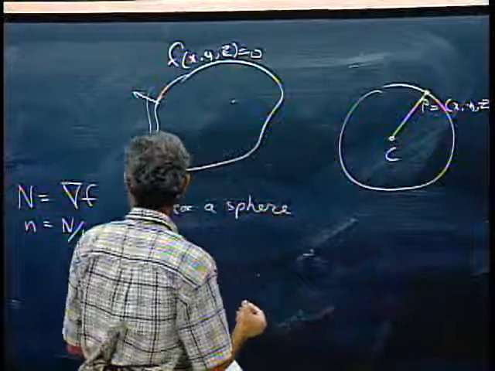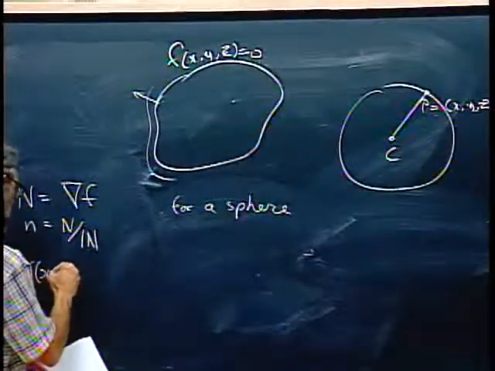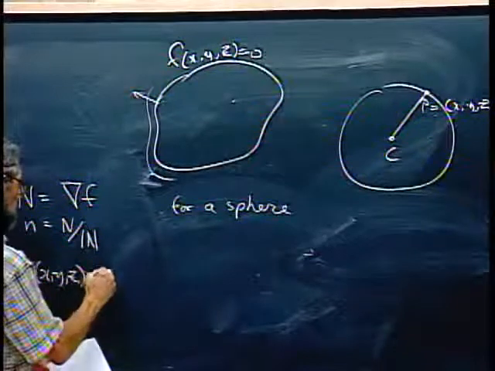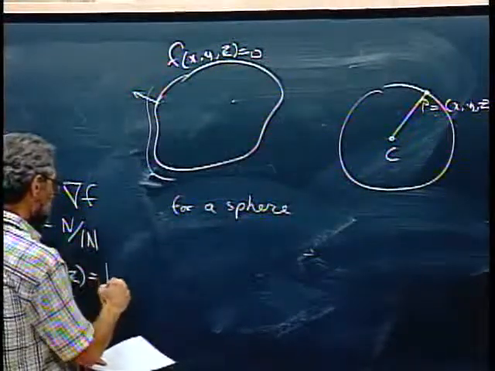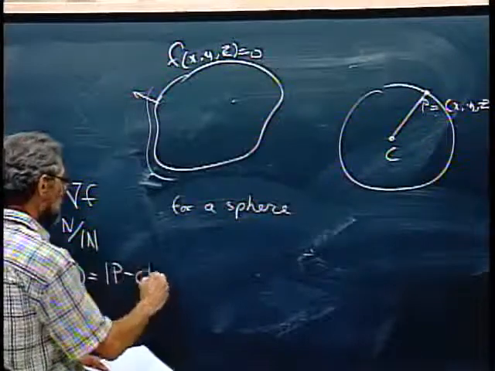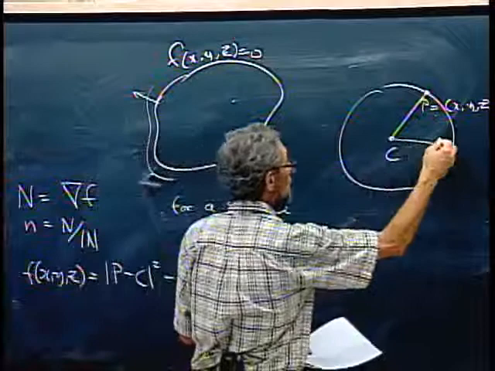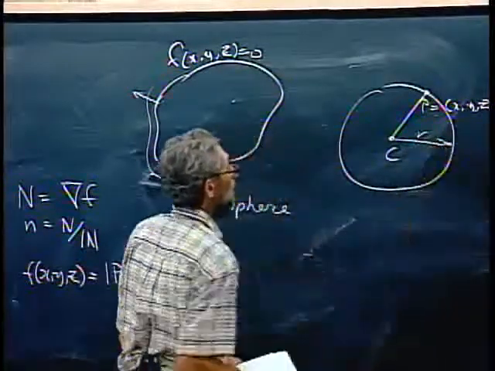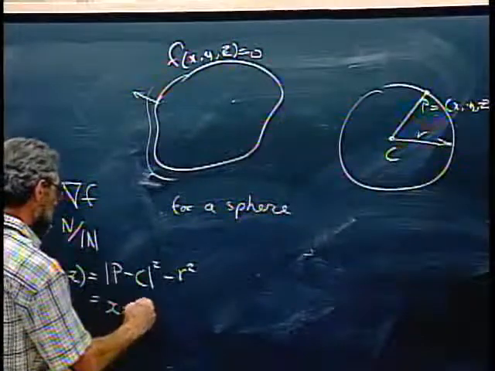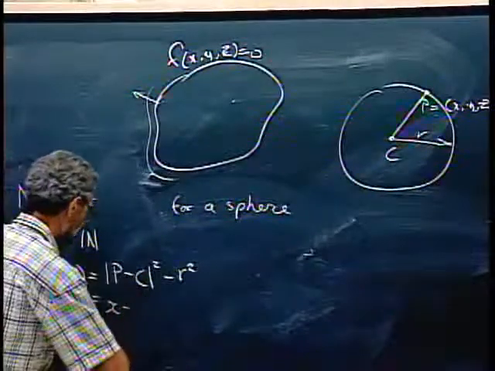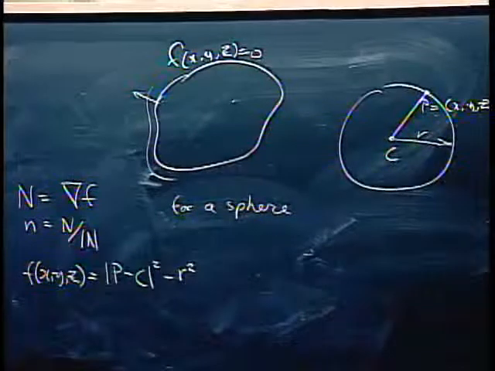The equation of the sphere is f of x, y, z, what I said before, it was |p minus c| squared minus r squared, where r is the radius. And I can write this on the next board so I have room to write the gradient.